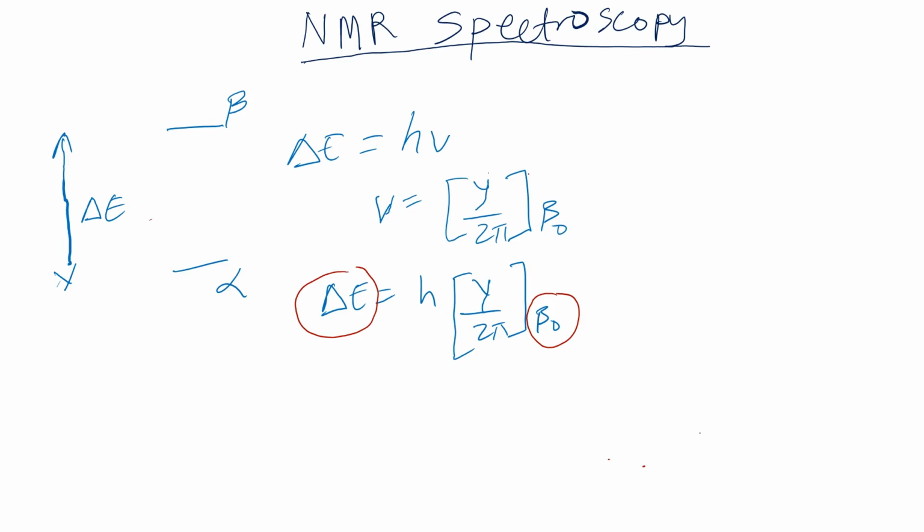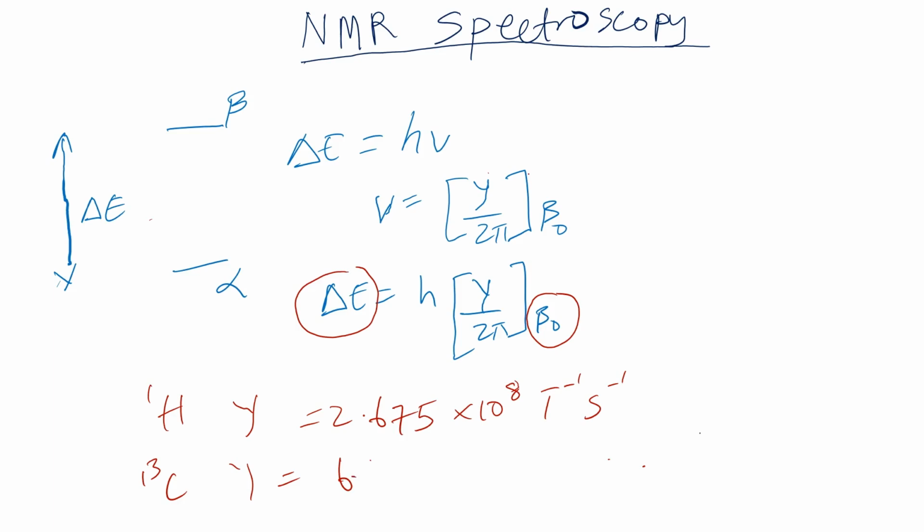Now, I know you'll be wondering, what is this gyromagnetic ratio? The proton nucleus has a gyromagnetic ratio of 2.675 times 10 raised to the power 8 per Tesla per second, while that of carbon-13 is 6.688 times 10 raised to the power 7 per Tesla per second.